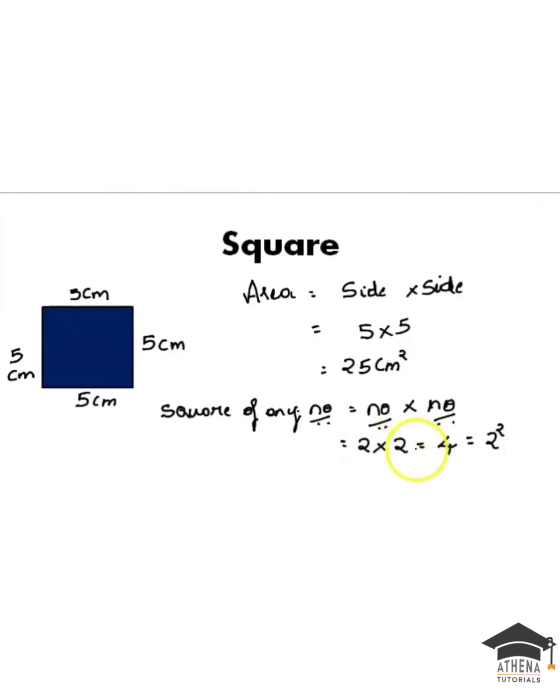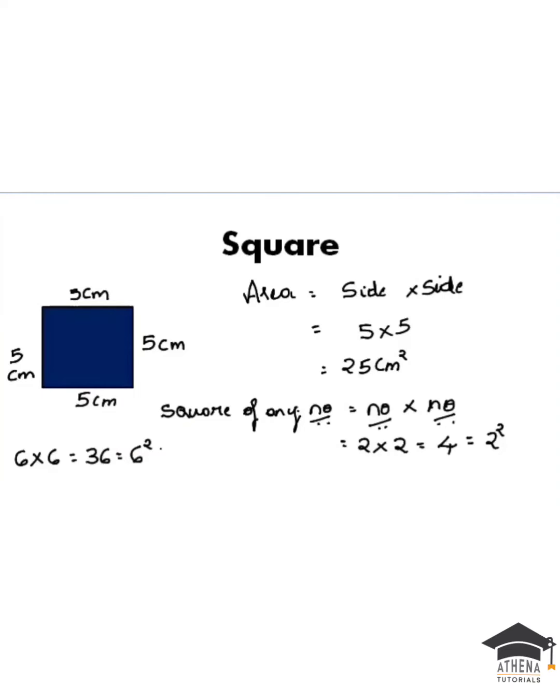Let me take another example. Square of 6 is 6 into 6. Number multiplied by itself, we will get the square of the number, that is 36, which can also be written as 6 square.